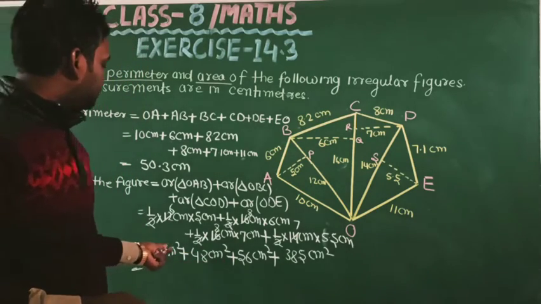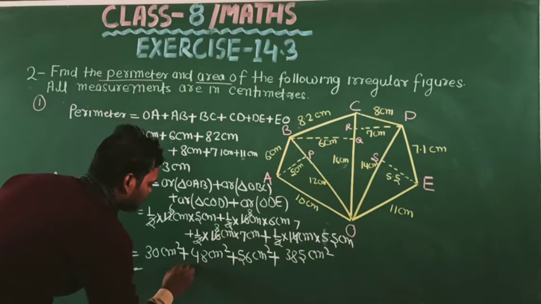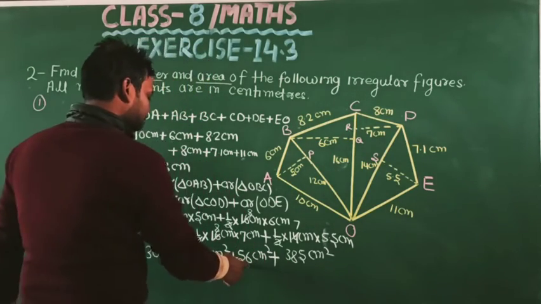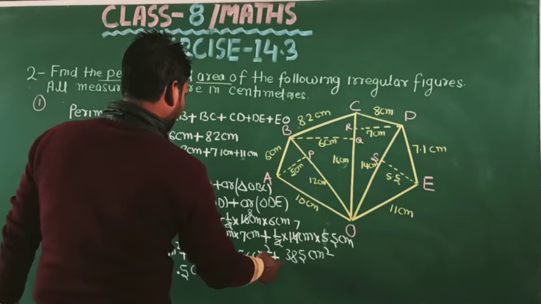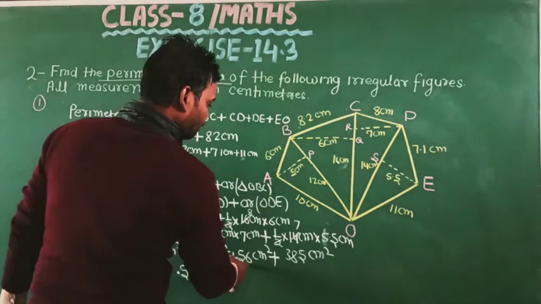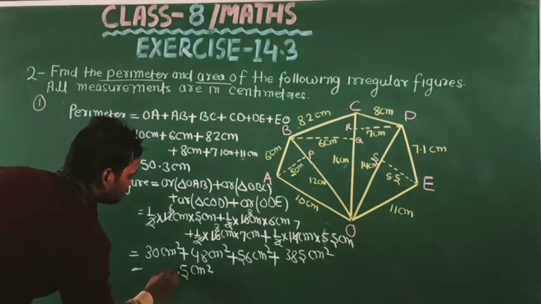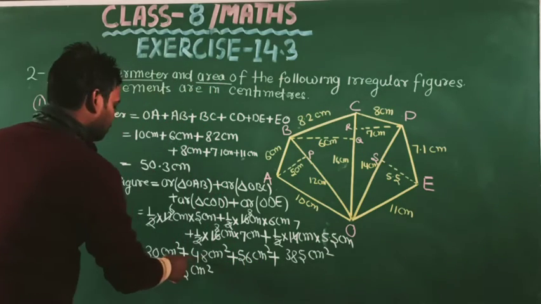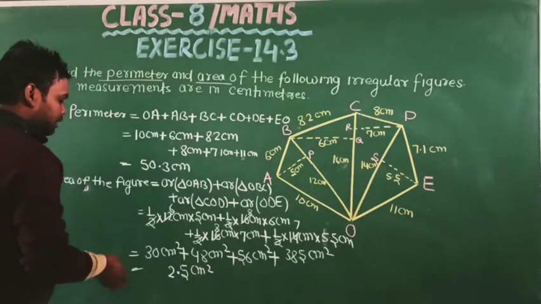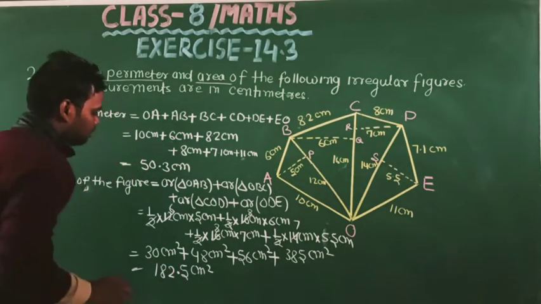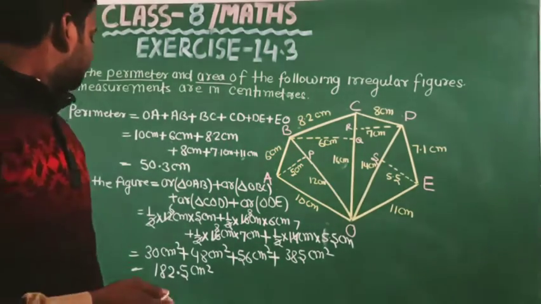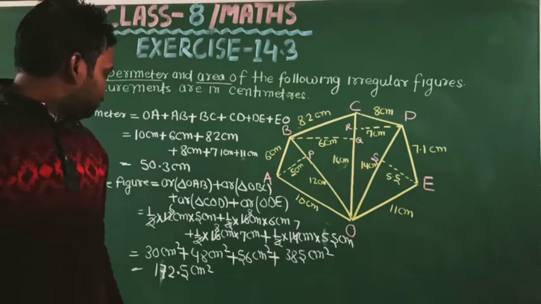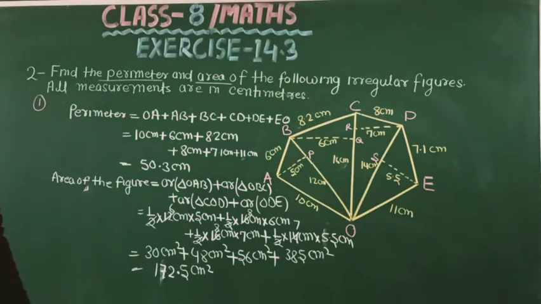Okay, adding 30 centimeter, 48, 56 and 38.5, we get 172.5 centimeter square.